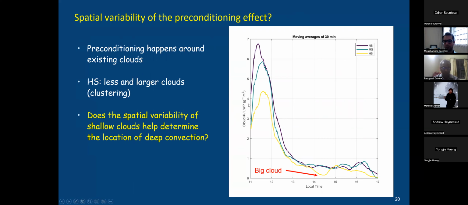You can see here that you have more clouds for the same amount of cloud water in the non-shear case than you have for the high shear case. And there is an increase of about 50% or so between 11 a.m. and noon. But then it starts to get closer together. But at least for the shallower clouds, we could see the effect of clustering.